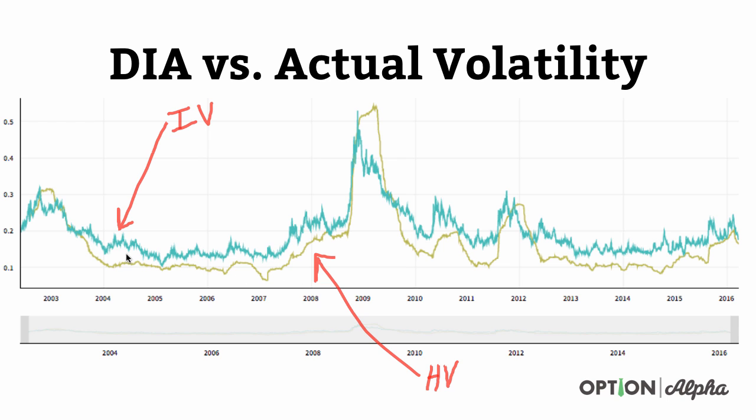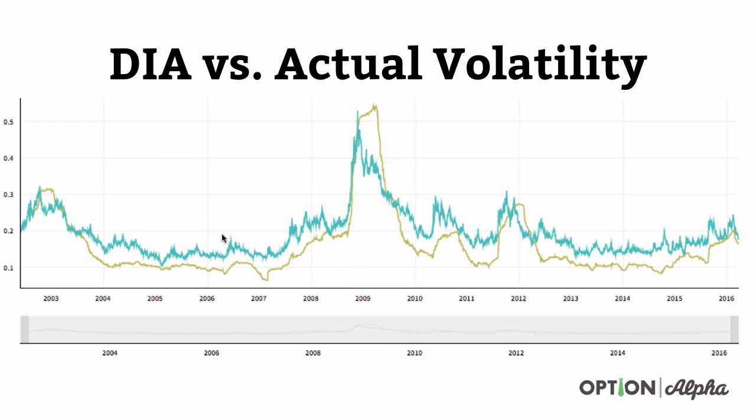And you can see that for the most part, the vast most part, implied volatility was always more than historical. Were there times where the market was more volatile than expected? Yes, namely 2009 at the end of the market crash there. A couple times here in 2011, the market was a little bit more volatile than expected, but the vast majority of the time, the market assumed that DIA would move much more than it did.